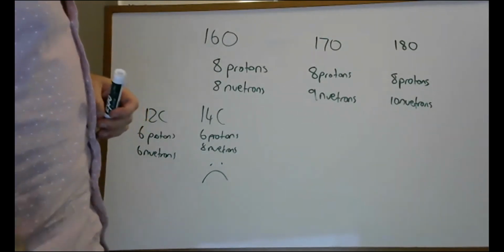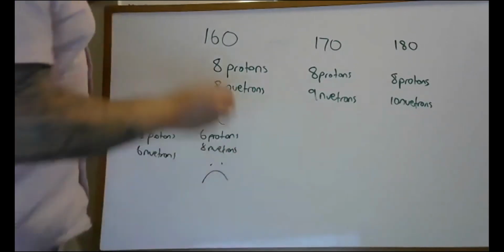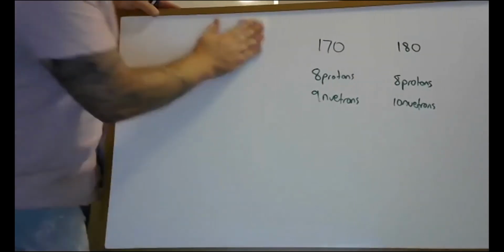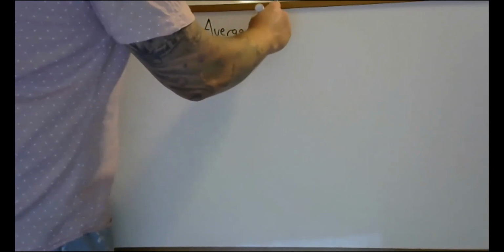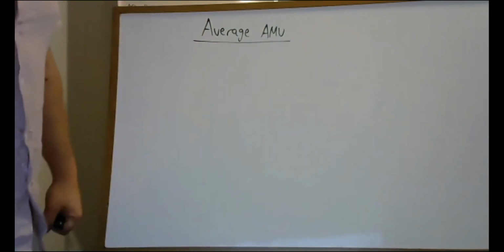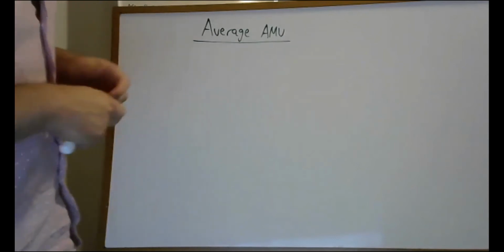So we can calculate all of the atomic mass units on the periodic table are an average, or an average AMU. Every element has at least one isotope, though there might be a couple of exceptions to that.